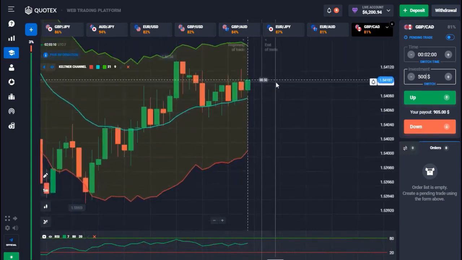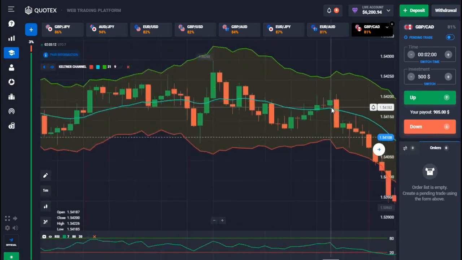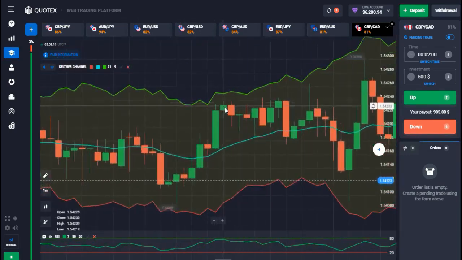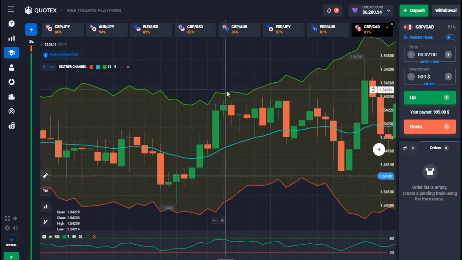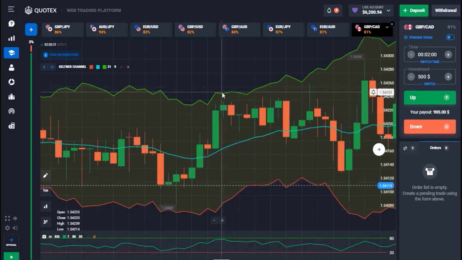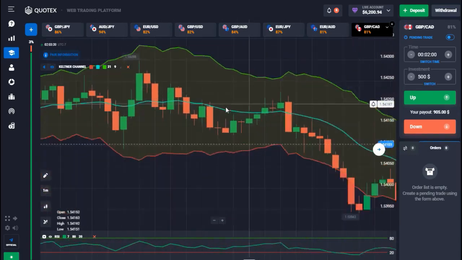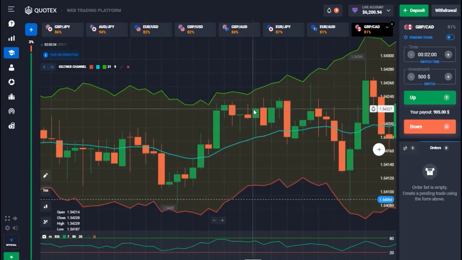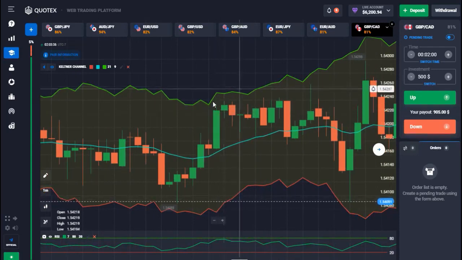If you see your candlestick, like this particular candlestick, very close to this upper line of your Candle Channel, we can refer to that as a very strong resistance level. That's what I'm trying to explain here. The way this strategy works is that you always make sure you have your candlestick in a very strong overbought position.